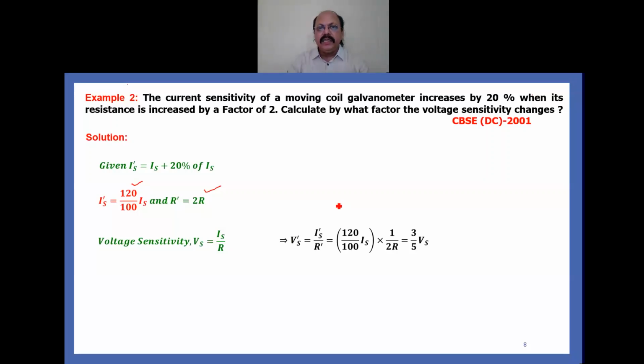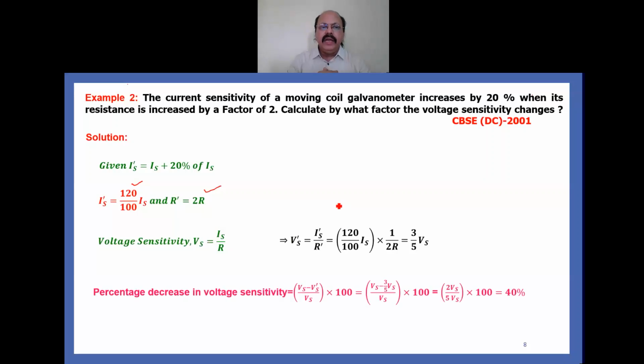In terms of percentage, if you want to calculate, then percentage decrease in voltage sensitivity equals Vs minus Vs dash upon Vs multiplied by 100. Put in the values: Vs minus 3 by 5 Vs upon Vs into 100, which equals 2 Vs upon 5 Vs multiplied by 100.